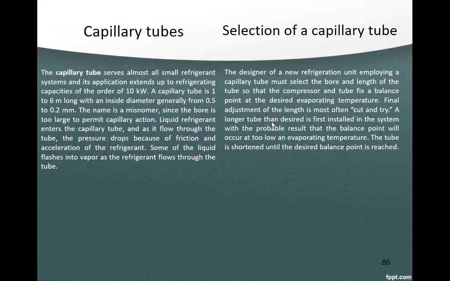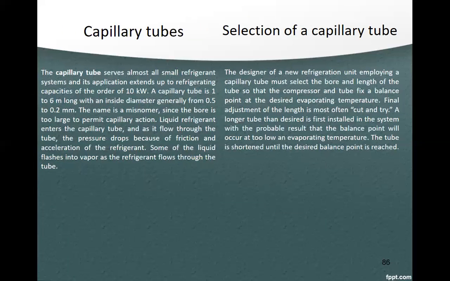Capillary tube. Instead na pag maliit, gamitin mo capillary tube instead ng expansion devices. The capillary tube serves almost all small refrigerant systems in applications extending up to refrigerating capacities of the order of 10 kilowatts.